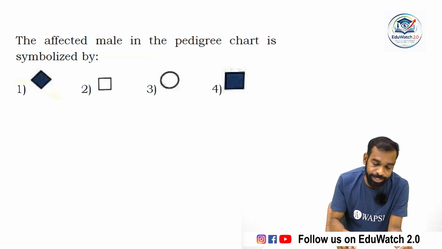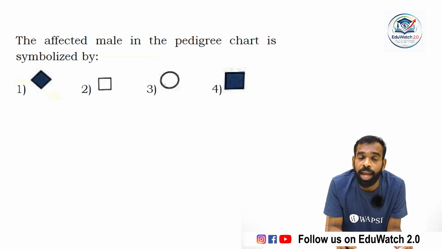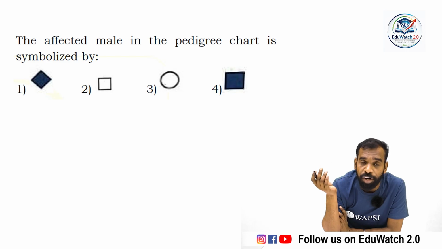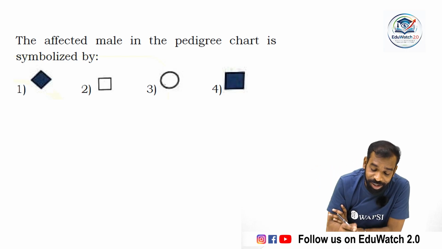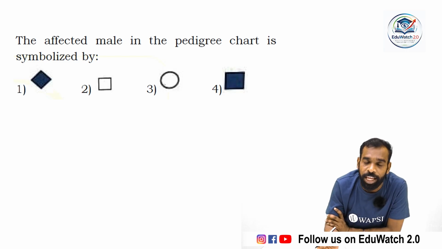Then question number 6, that is connected with pedigree chart, pedigree analysis. The affected male in pedigree chart is symbolized by... When we are drawing a pedigree chart, the affected person will be shaded.